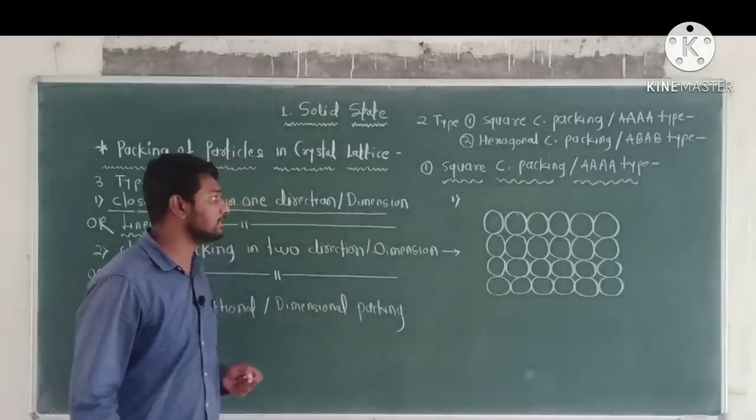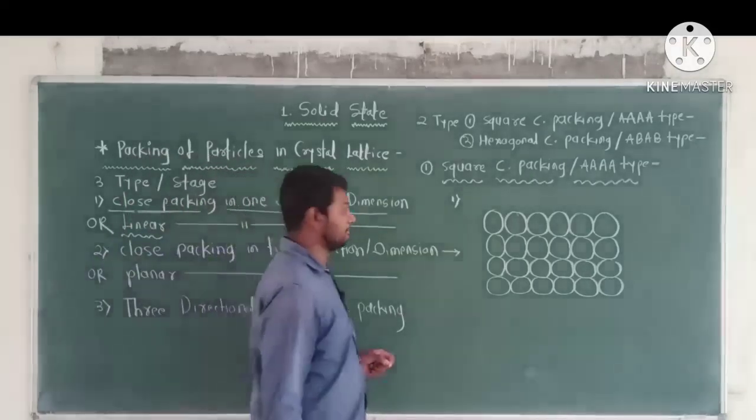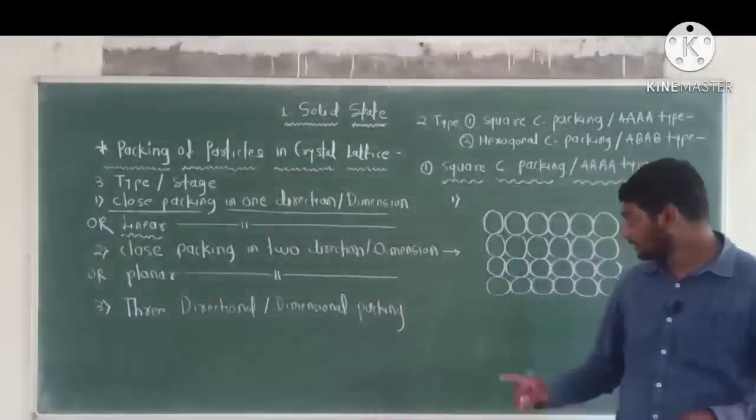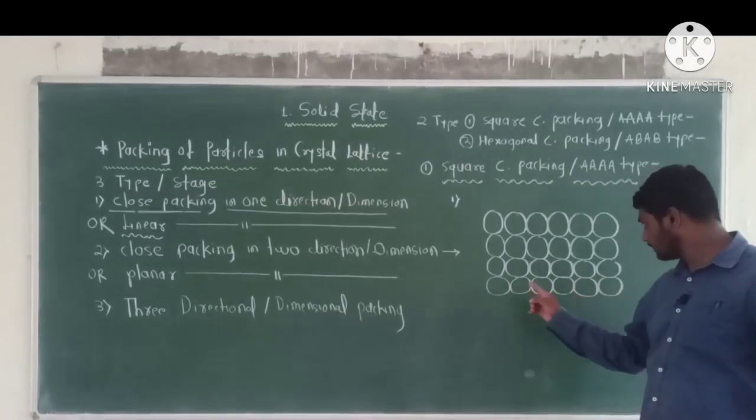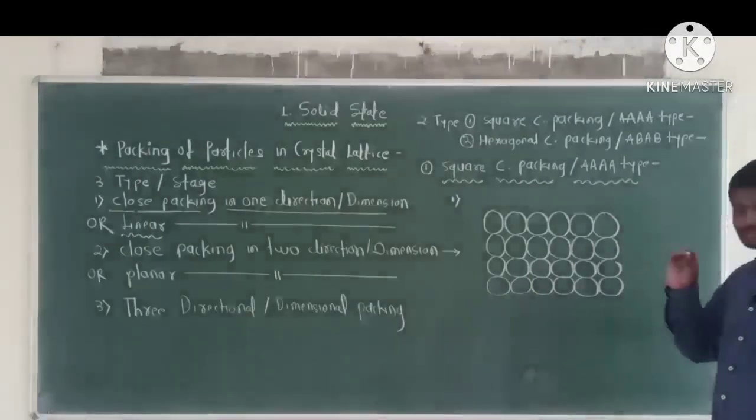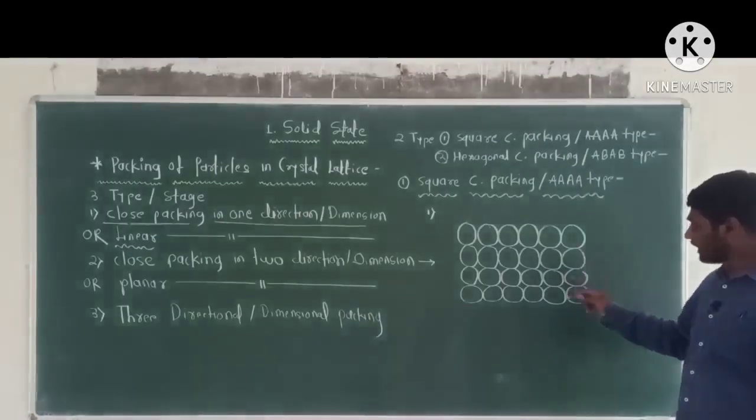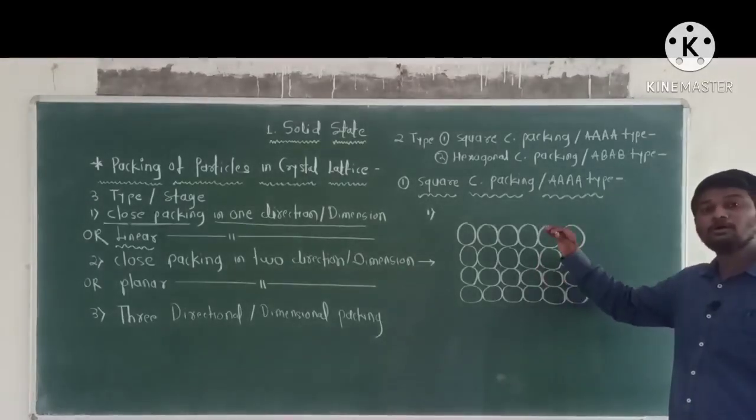Okay. Now the first point is: this type of packing is made when the rows of constituent particles are placed over each other in such a way that all spheres are exactly over each other.